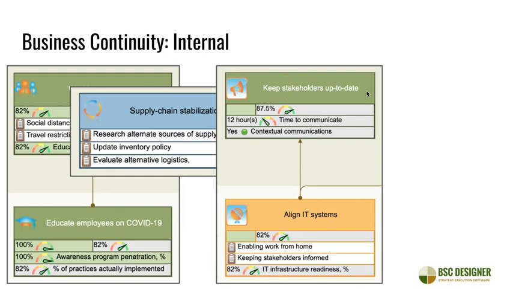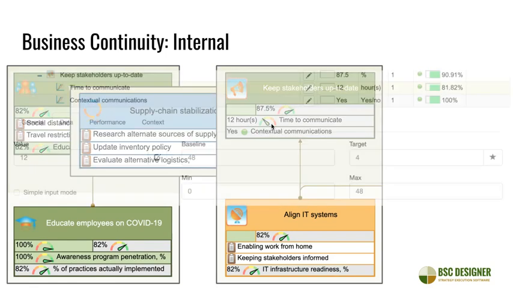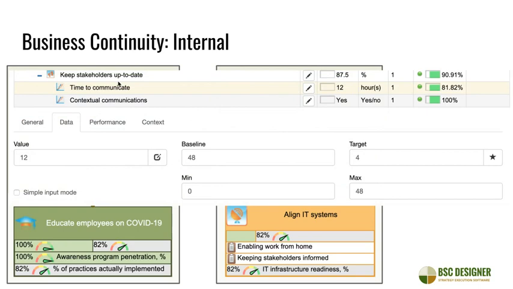In this template, in this example, we added two indicators. One is time to communicate. So now it's 12 hours and it's supposed to be in green zone. And if I go to the KPIs tab and pick this indicator, time to communicate, on the data tab, I will see how it is set up. The current value is 12 hours, the baseline was 48 hours, and the target is 4 hours.